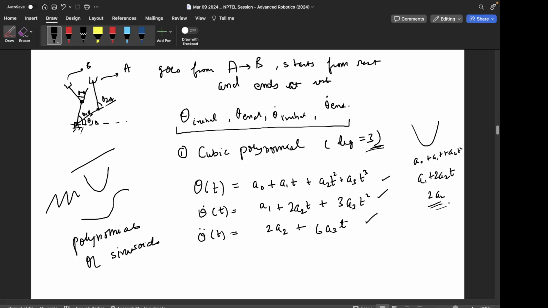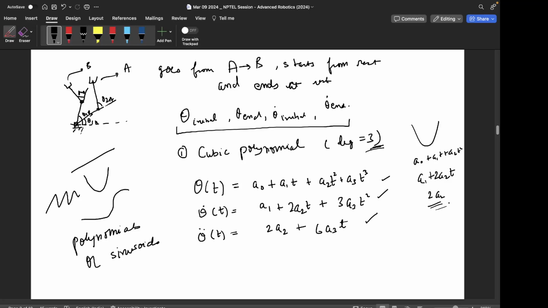It gives a constant term in acceleration, and I would not like to have a constant acceleration always. And linear is even simpler: constant velocity and zero acceleration.